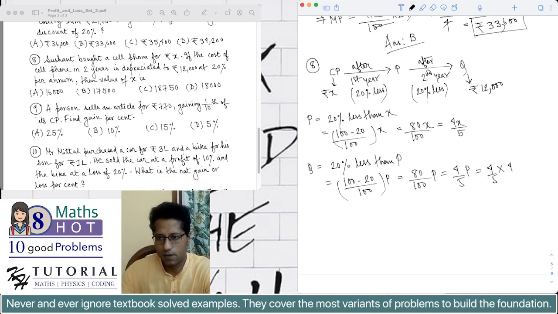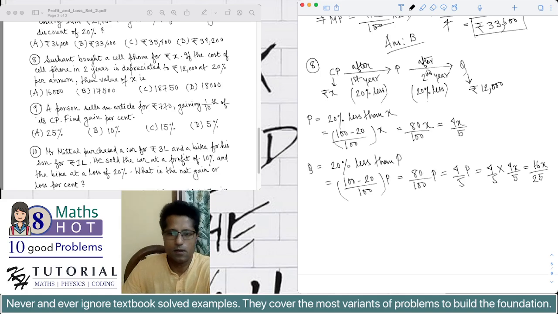P is 4X by 5, so this is equal to 16X by 25.